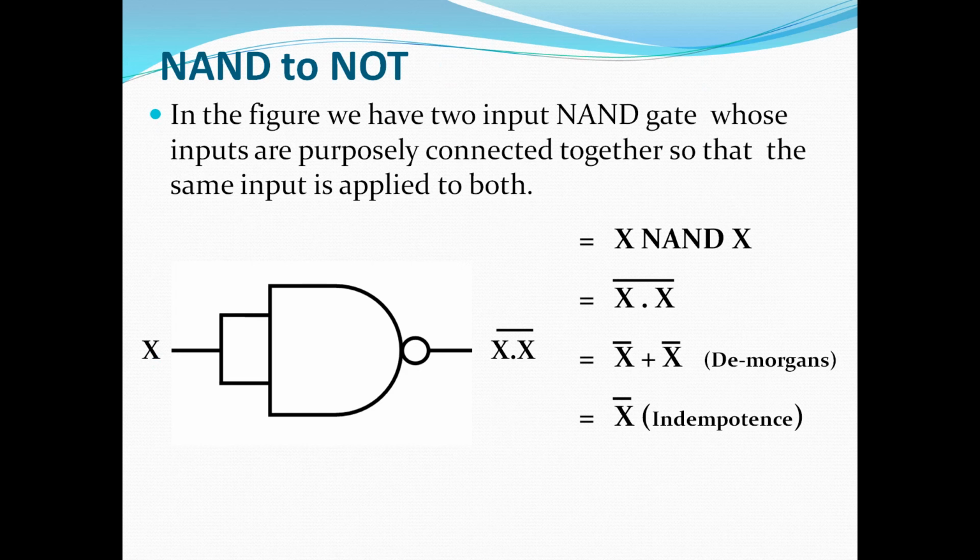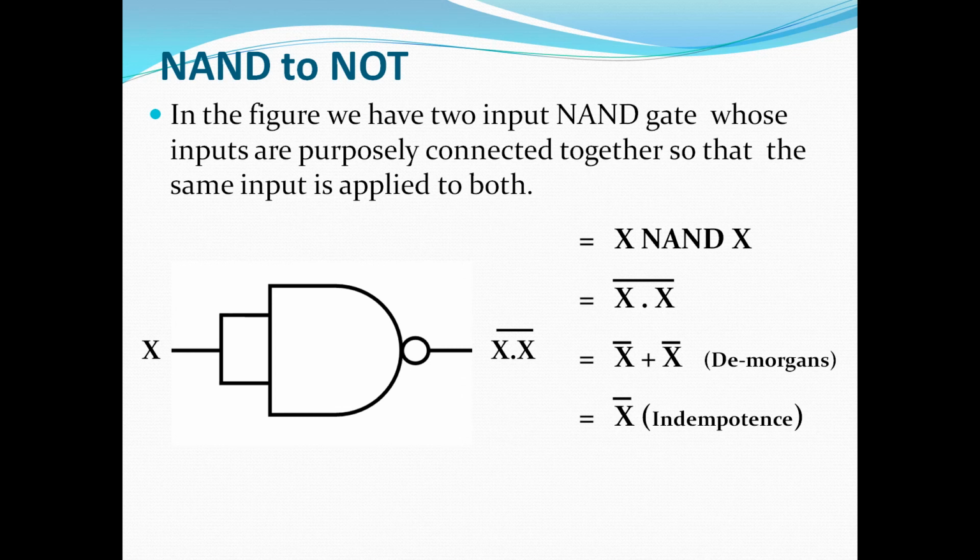Here we move to the first part, implementing the NOT gate. In this figure we have a two-input NAND gate whose inputs are purposefully connected together, not by mistake.